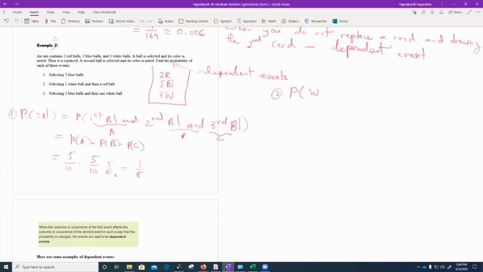You could think of this as your event A and this as event B. Since these two are independent again, this is simply the product of the probabilities of A and B. The probability of A, getting a white ball: remember, there are three of them, so it is 3 over 10, times getting a red ball, that is 2 out of 10. So it's going to be 3 over 50.